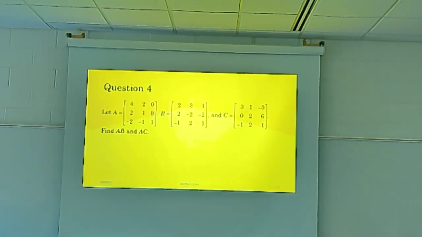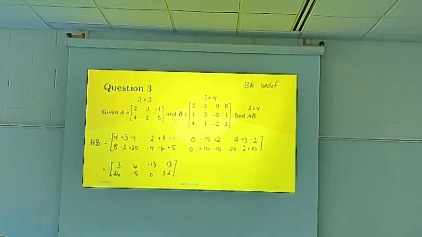For the sake of time, I'll skip this one. So in order for it to be defined, the column and the row have to be the same. Column of B has to be the same as the row of A, which is why this one would be undefined, right? You have 4 columns versus 2 rows. So undefined.